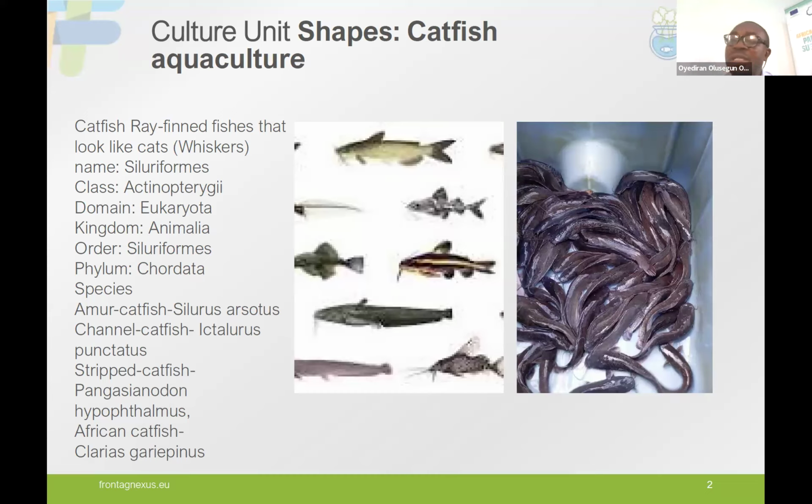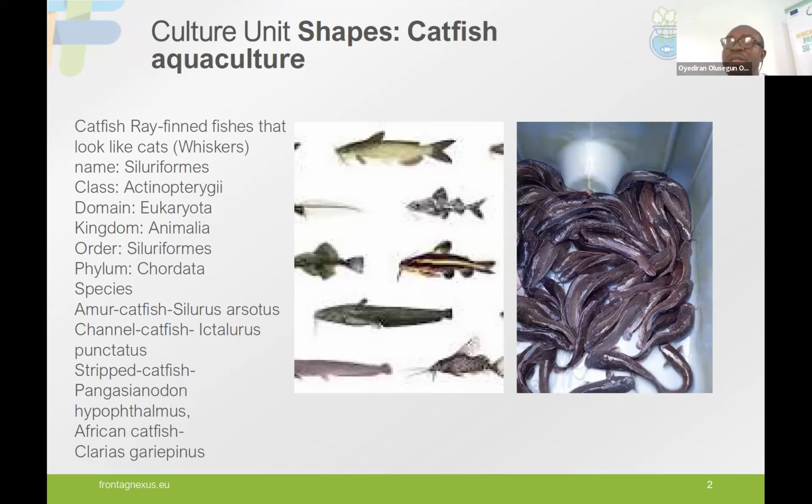We know that fish farming is a global activity and is one of the most important aspects of farming. Farming of fish has become one of the most important businesses that is gradually increasing daily. Nigeria is a fish producer, and the species that we produce mostly is the African catfish, Clarias gariepinus.